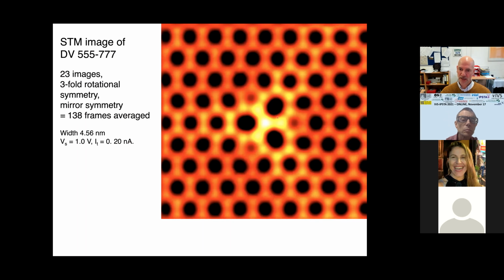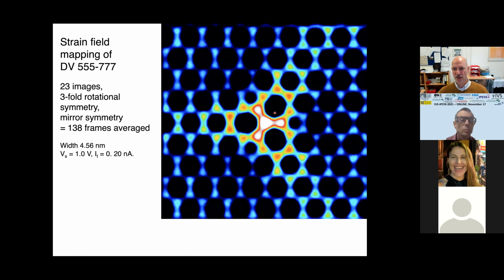That allows you to take away one TiO2O3 unit. But again, this is 138 frames averaged. If we really crank up the contrast on this, you can start to see that along this direction, and along this direction, and along that direction, the atoms are sitting slightly higher.